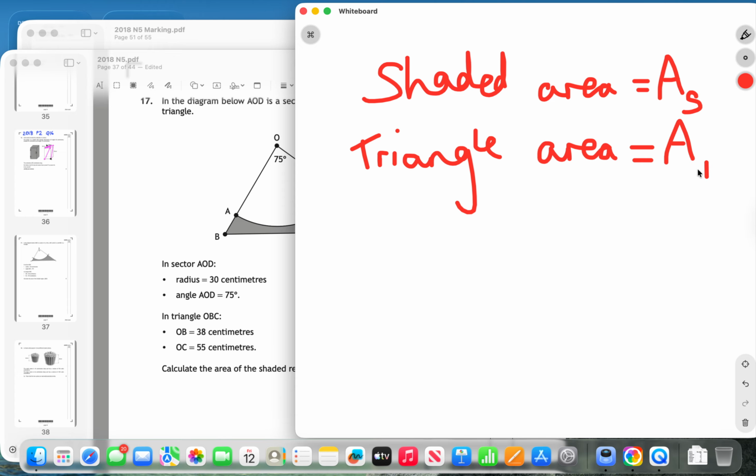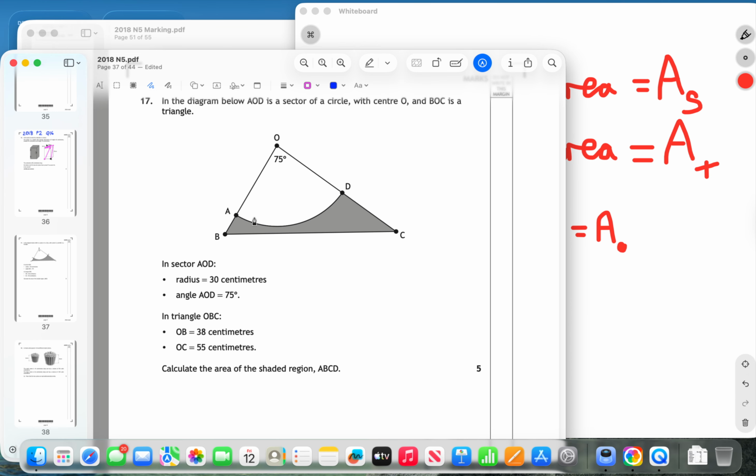So we'll call this AT, and the sector area, we've already used AS, so you would think to use AS, but you can't. We'll call this one A dot. You could use ABC, you could use anything else, but the point is that it saves you writing out each of the headings.